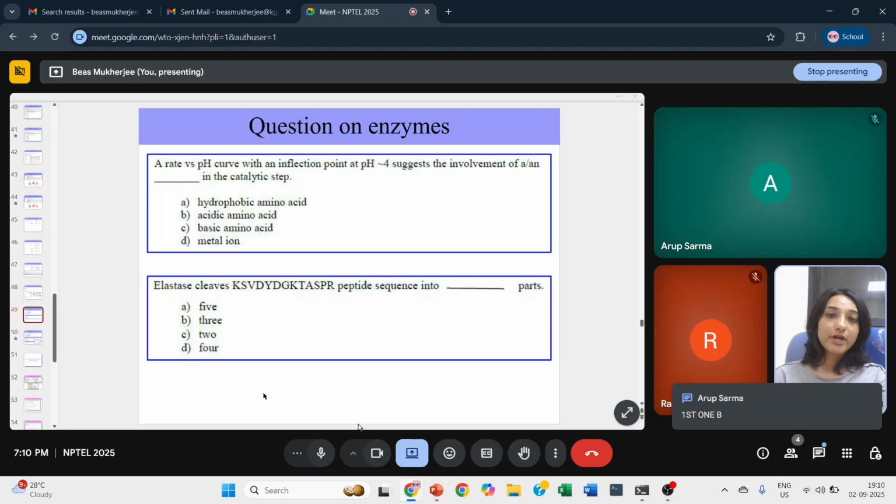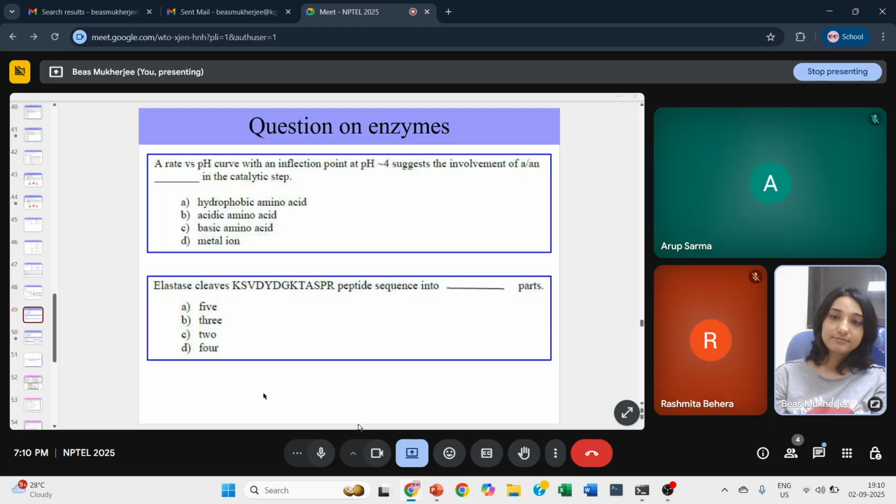Good. Try to answer the next one. Now elastase cleaves at GAS and B. Okay, GASB. It cleaves on the C-terminal of GASB, ensuring that there is no proline next to it.